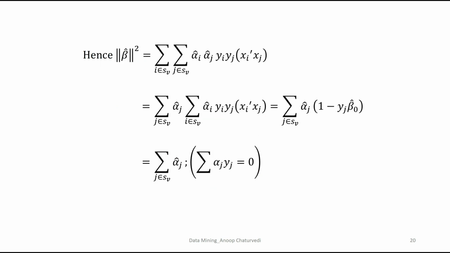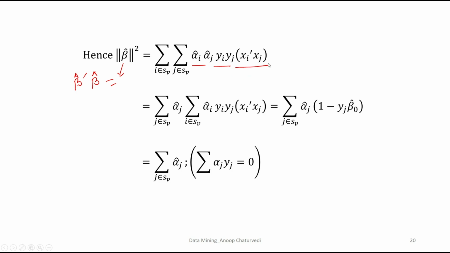Now, we consider norm of beta hat squared, which is equal to beta hat transpose beta hat, and then beta hat transpose beta hat is equal to summation i belonging to SV, summation j belonging to SV, alpha i hat alpha j hat yi yj xi transpose xj.